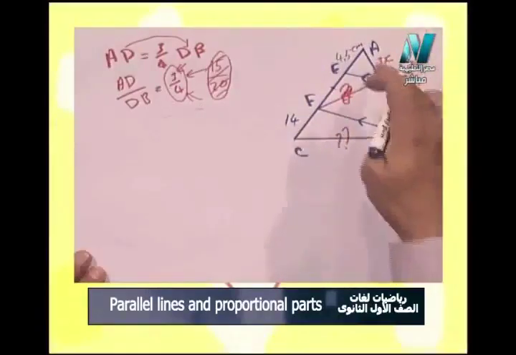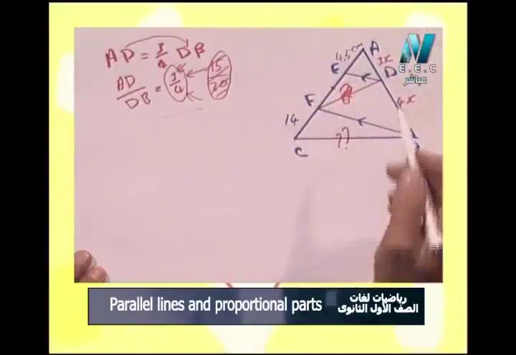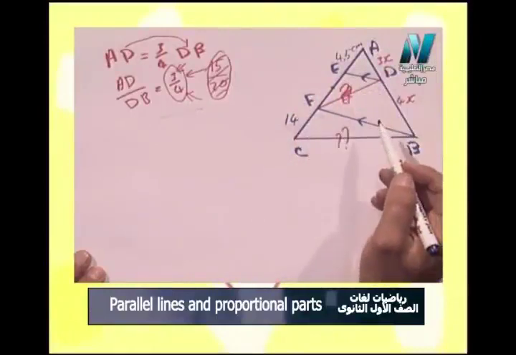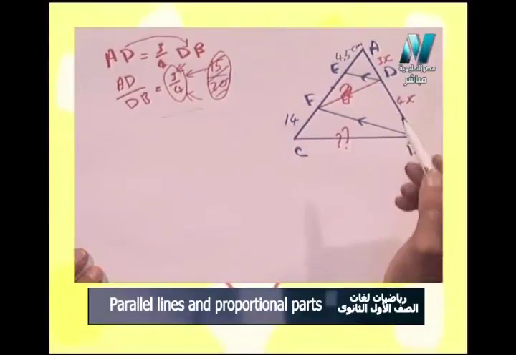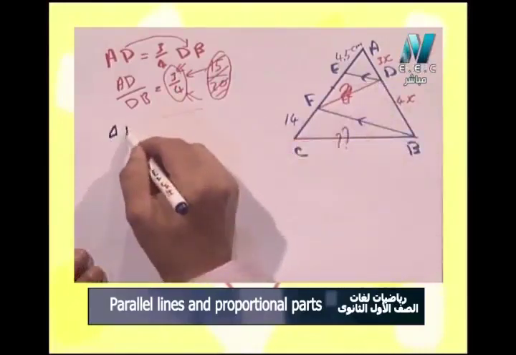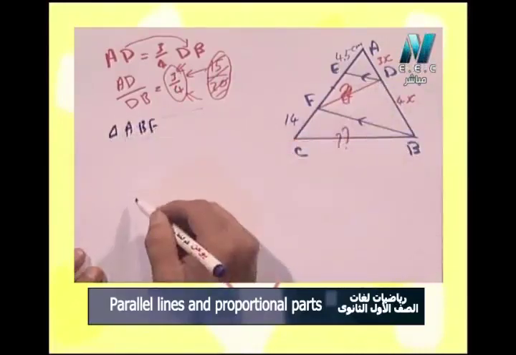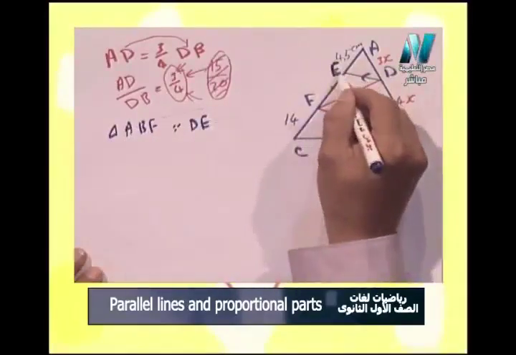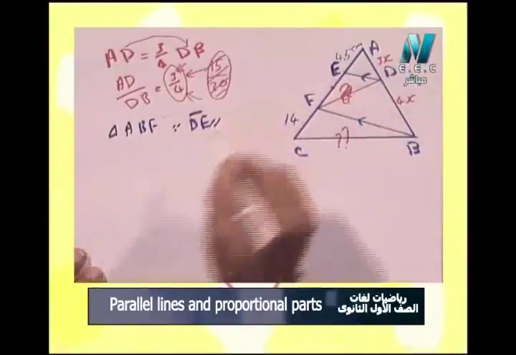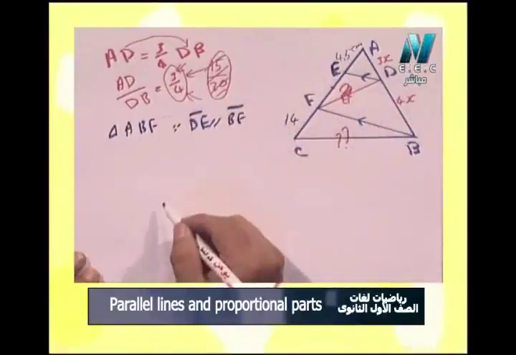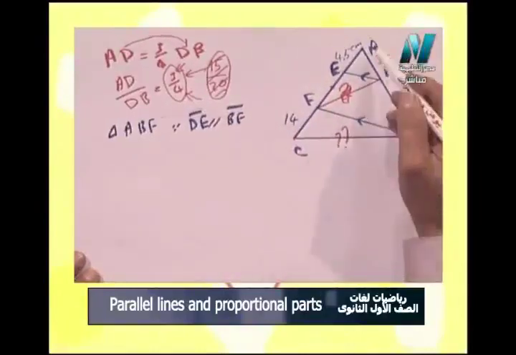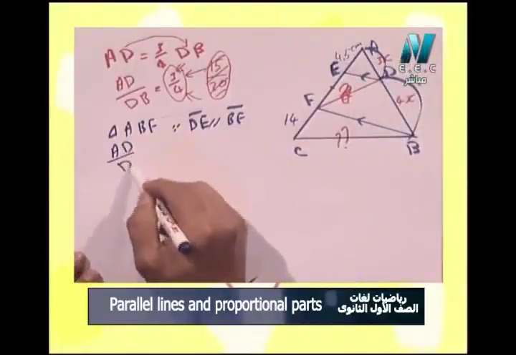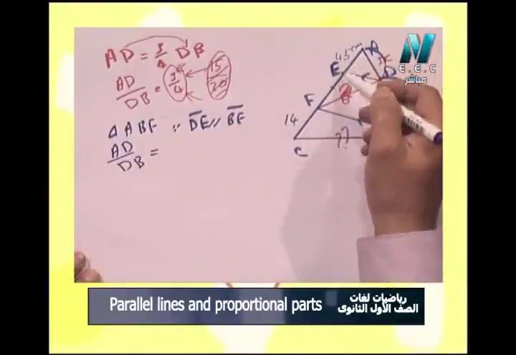If we look at this figure and concentrate on DE and BF, which are parallel, so in triangle ABF, since DE is parallel to BF, we can say that AD over DB equals AE over EF.